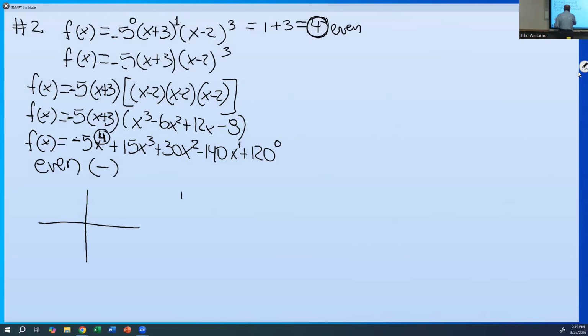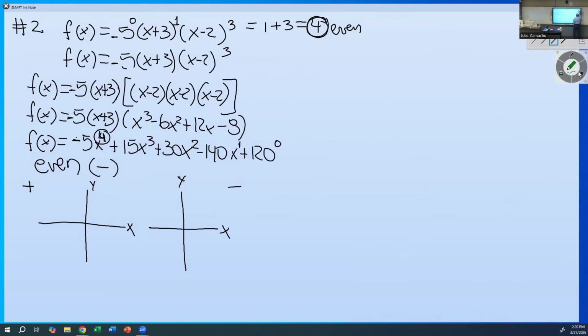I'll put two graphs, like the two graphs I put before for the odd function. That is your x and your y, and that is your x and your y for the even function. That is a positive even function and that is a negative even function.